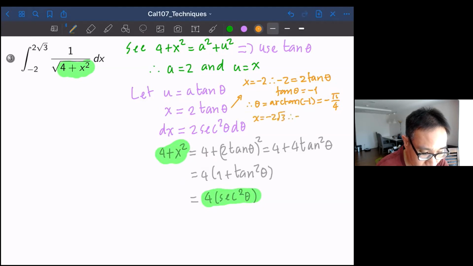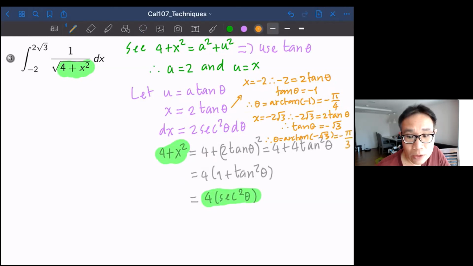So you have -2√3 equal to 2 tan theta. You solve for theta, so you would get tan theta equal to -√3. And you solve for theta, again it's arctan of -√3, and it turns out to be -pi/3 or 60 degrees. Okay.